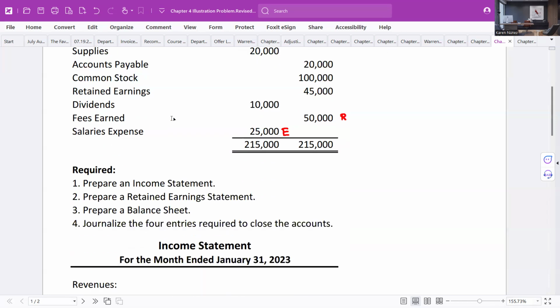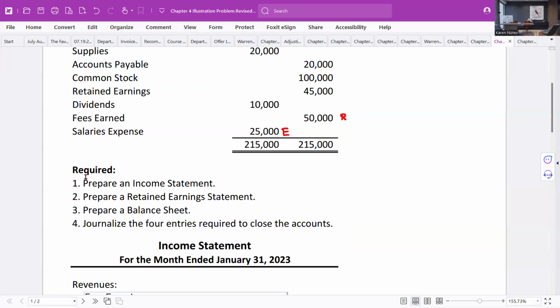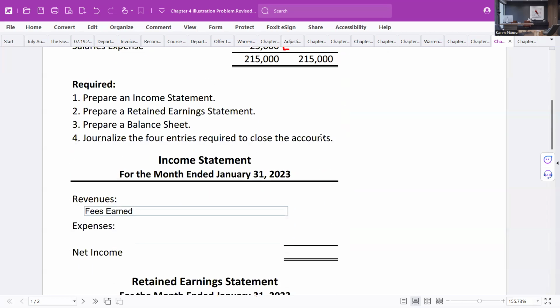So now when we put this income statement together, title of the statement, it's for the month ended January 31. We need our revenue here, fees earned. So we've got fees earned that are how much? Fees earned right here, I've identified 50,000.